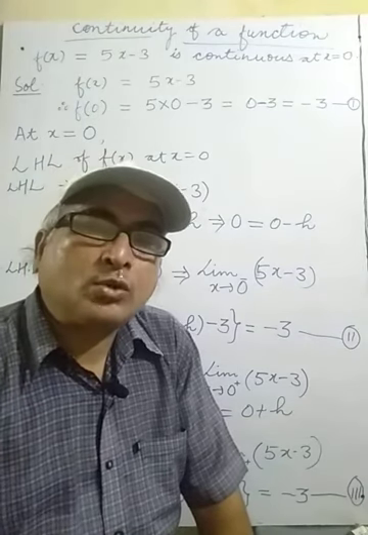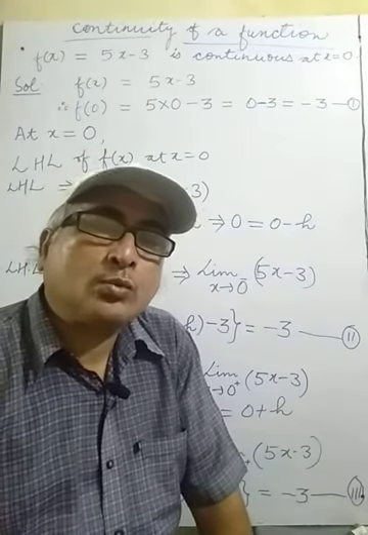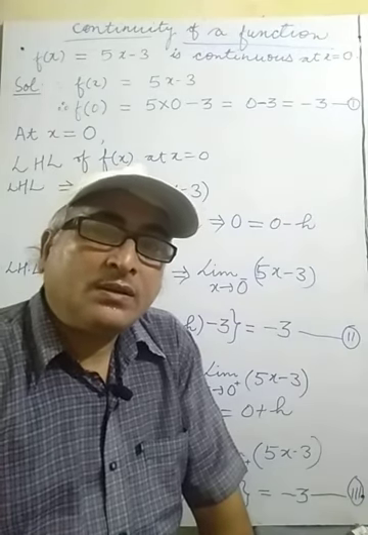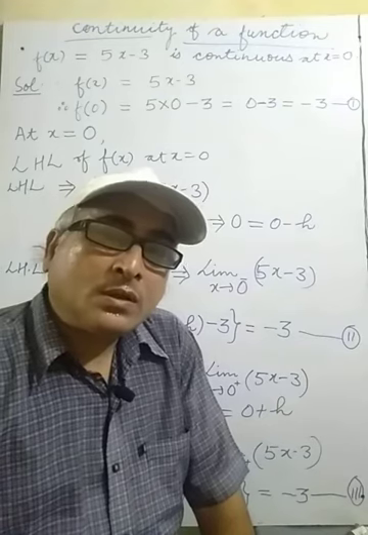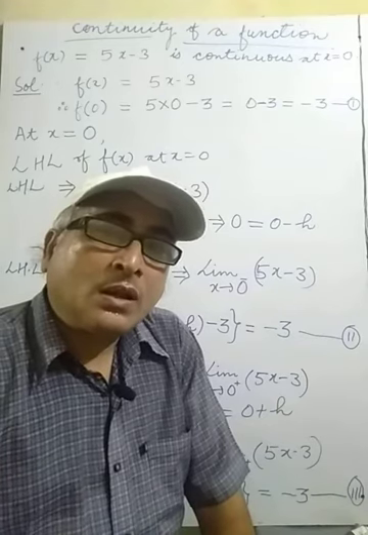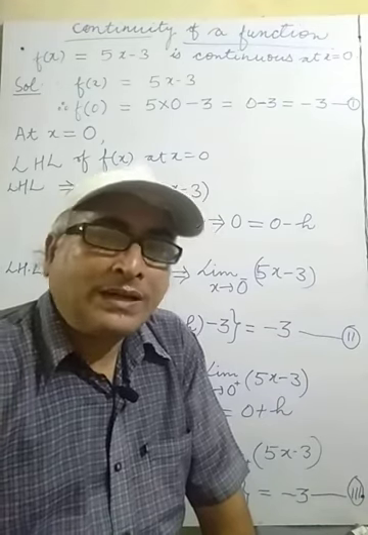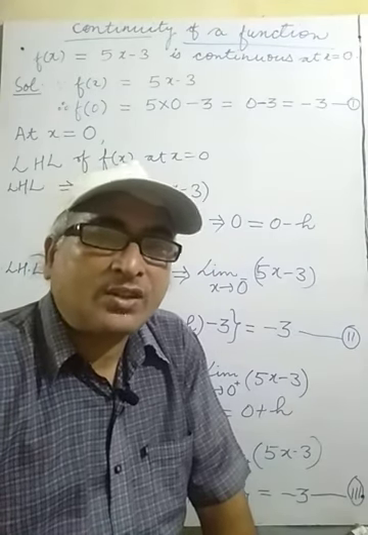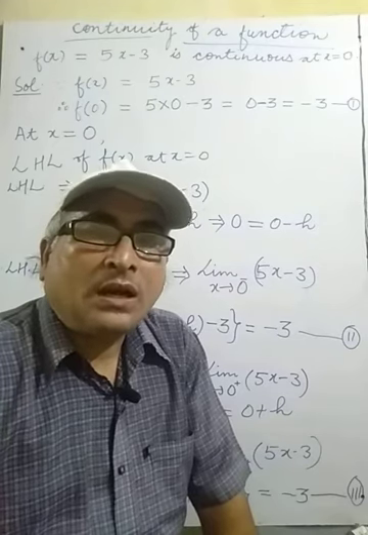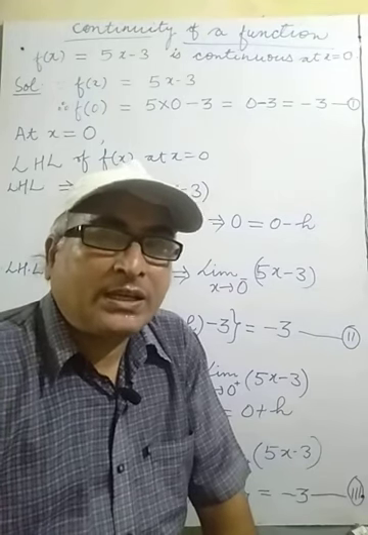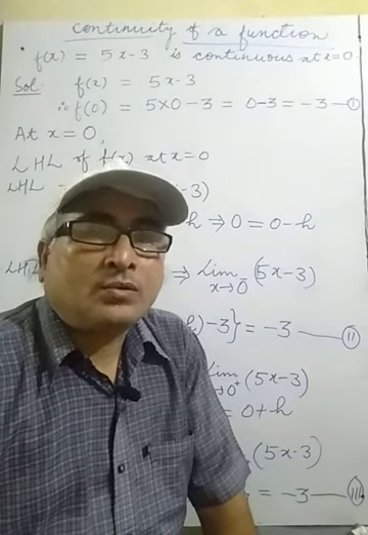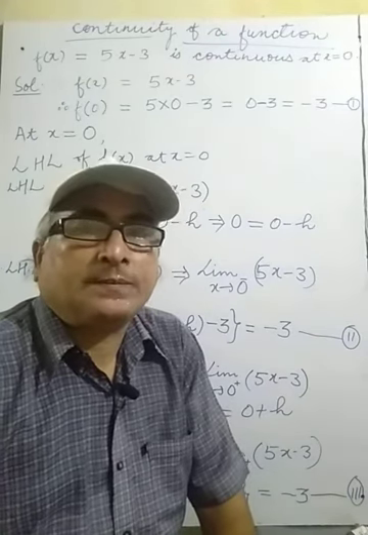So at x equals c we have to check the left hand limit, the right hand limit and the value of the function at point c, or at point k, or any point supposed from our side.